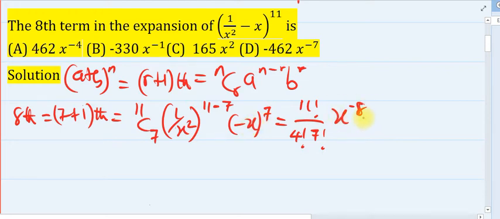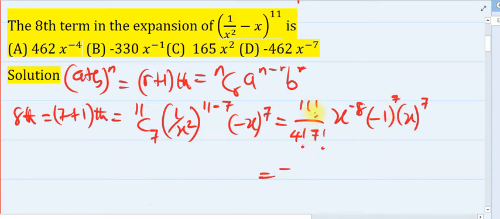Now this is minus x, and you can write it as minus 1 raised to power 7 times x raised to power 7, using laws of indices. I did it so that we can combine the same base, x and x. So that is minus, because minus 1 raised to power 7 is minus.